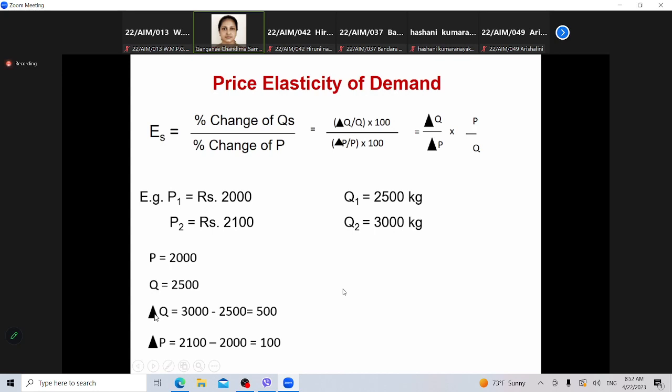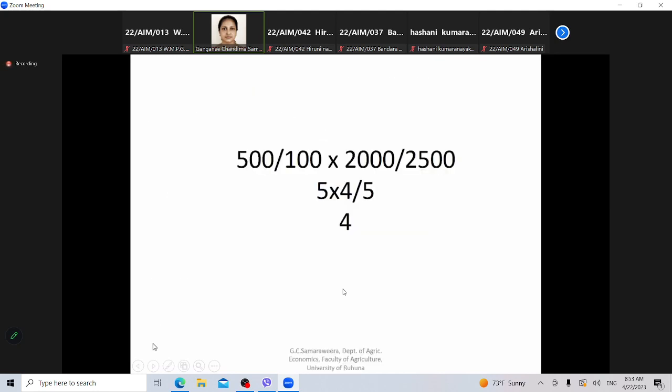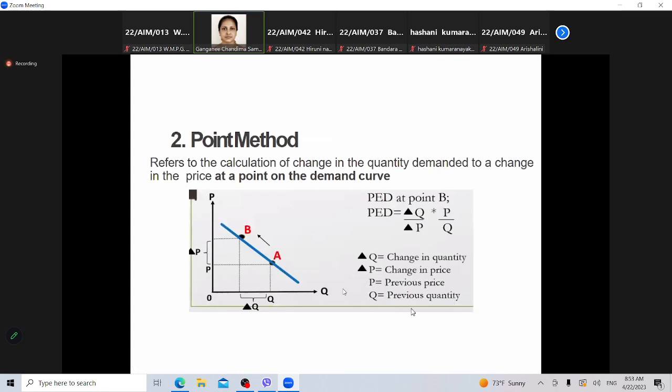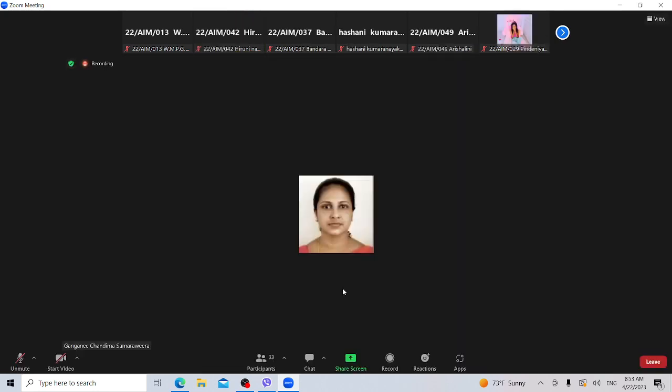Then delta Q means we have to reduce from the initial one, sorry, the second one from the initial one, and delta P, the change of price also from second one from the previous one. Okay, so this is the main delta Q, delta P, then you know what is P and Q. So likewise, the same one you can see here in the next section.